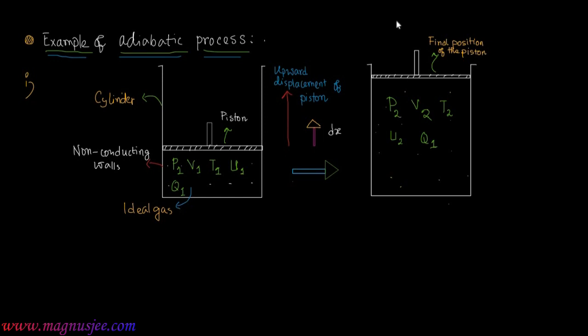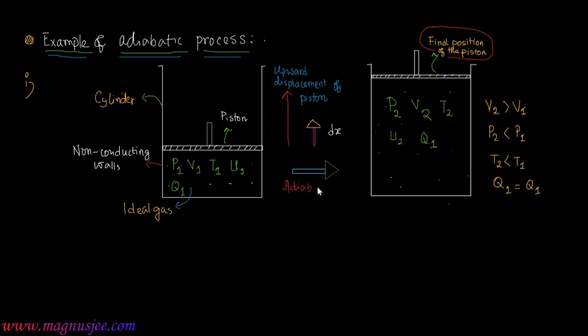Now we can denote the final position of the piston due to adiabatic expansion of the gas. Final volume V2 will be greater than initial volume V1. Final pressure P2 will be less than initial pressure P1, and final temperature T2 will be less than initial temperature T1, but heat energy remains constant at Q1.